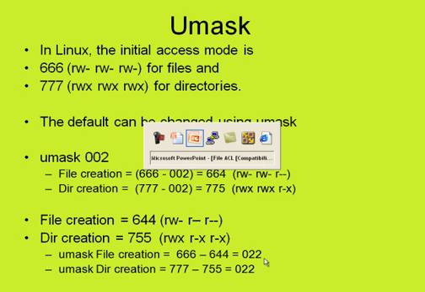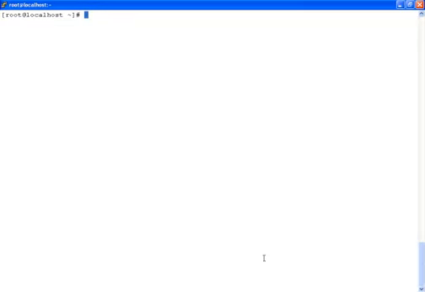Let's take a look at an example. We can use the umask command, and for example, we set 000. That means that we do not want Umask to be set. You can type umask to see the current Umask, which is set to 000. Let's see what happens if you touch a file.